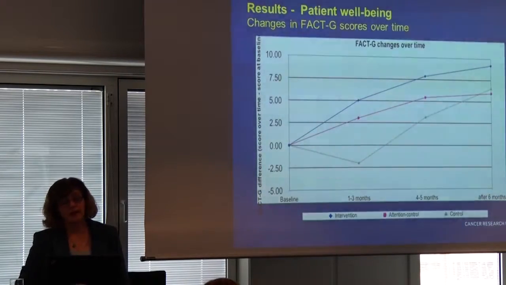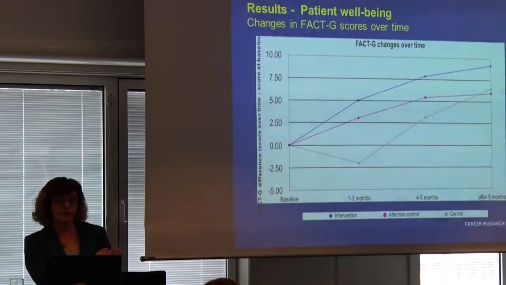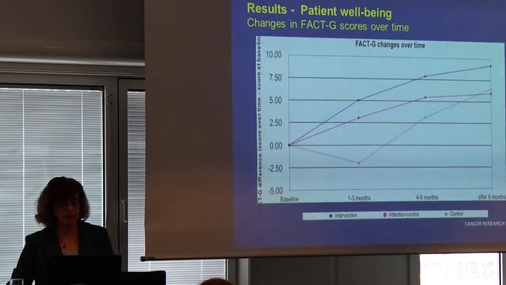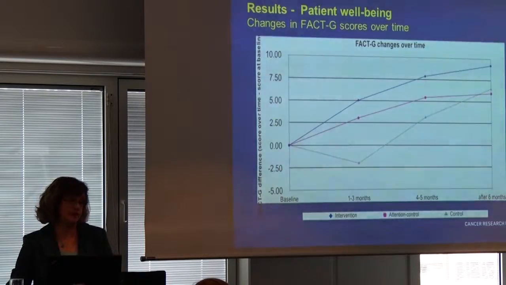And this is what we showed. We randomized the patients into 3 groups. Patients who completed QLQ-C30 on touchscreens, and we provided the information to the doctor, so that was our intervention. Then we had a usual care group where patients didn't do any touchscreen questionnaires. And then we had an attention control group where patients did the questionnaires, but we didn't give them to the doctors in clinic.